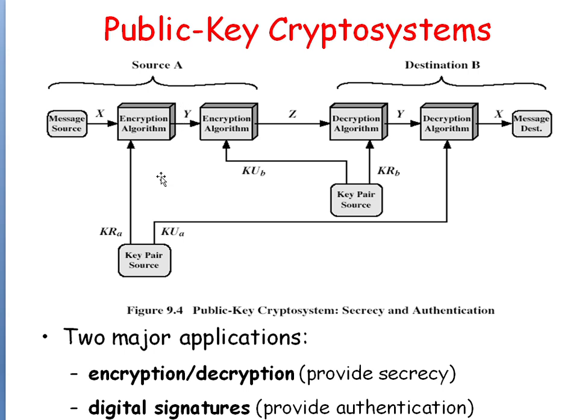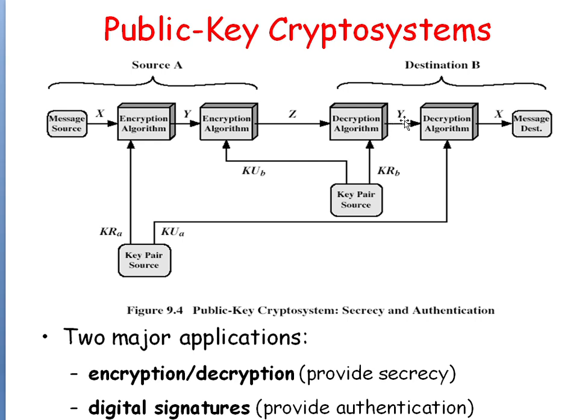That is, the destination party's public key is used for encrypting, like the email ID we use when sending the information, and it is decrypted using B's private key, KRB.